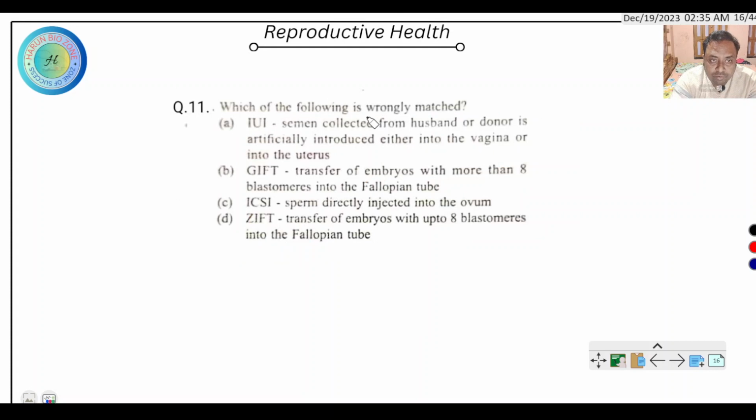which of the following is wrongly matched? IUI, intrauterine insemination, means here the male or female gamete are transferred into the uterus region of the female body. The semen collected from husband or donor is artificially introduced either into the vagina or into the uterus.